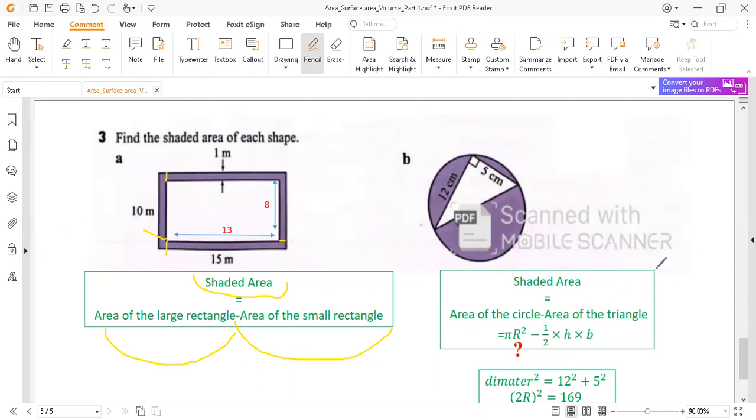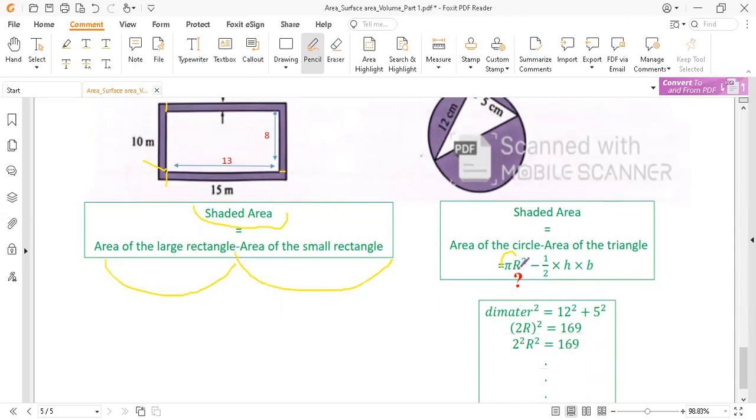And here also the shaded area is the area of the circle minus the area of the triangle. We know that the area of a whole circle is pi r squared, minus the area of the triangle, which is equal to 1 over 2 times the height times the base. Here we have the height 12, the base 5, but the radius is missing.